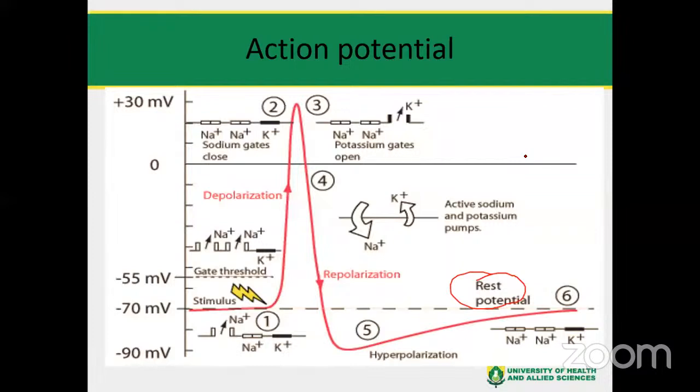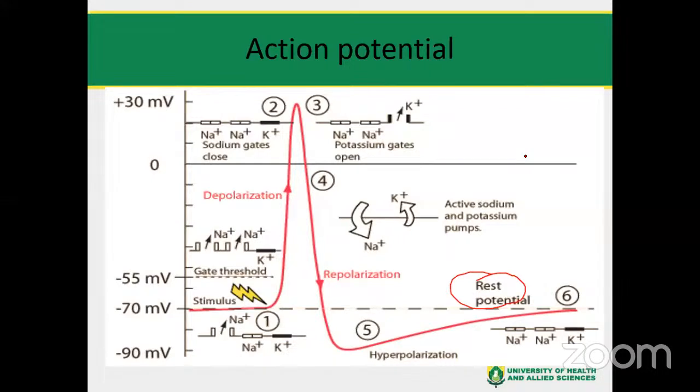As they are rushing into the cell, they are raising the membrane potential. That is depolarization. Then they get to a point and potassium ion channels also open to allow potassium to move out of the cell. As they are moving out, they are bringing about repolarization.